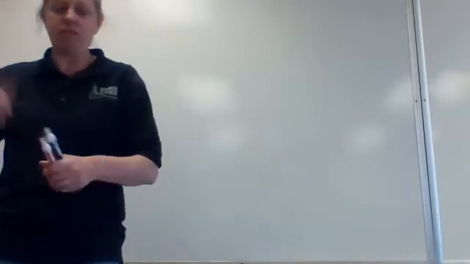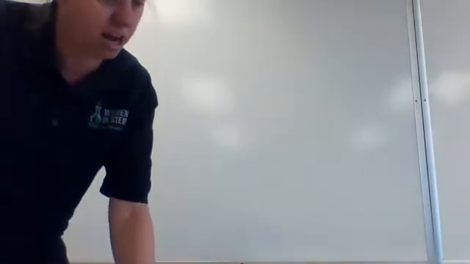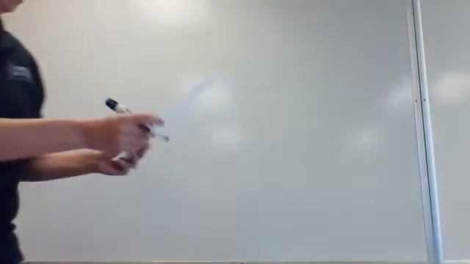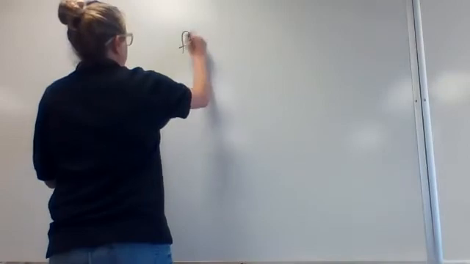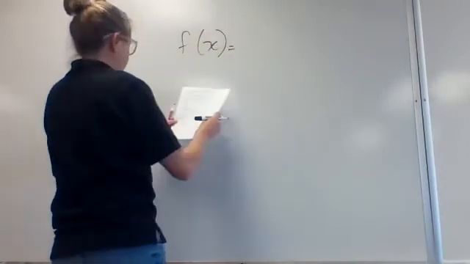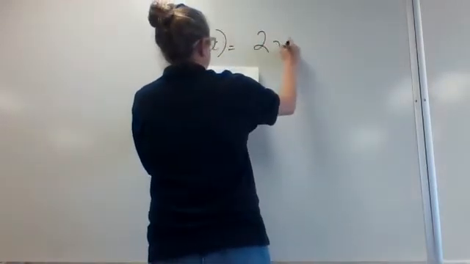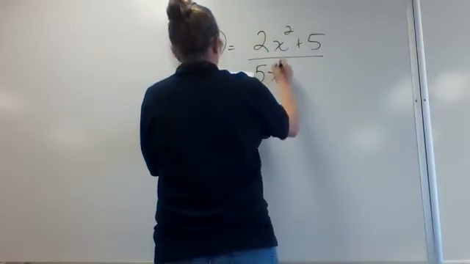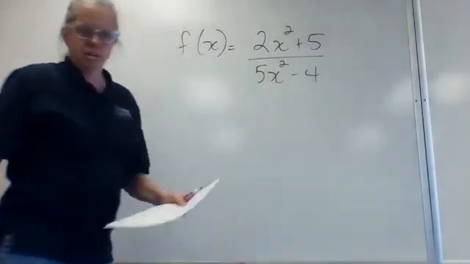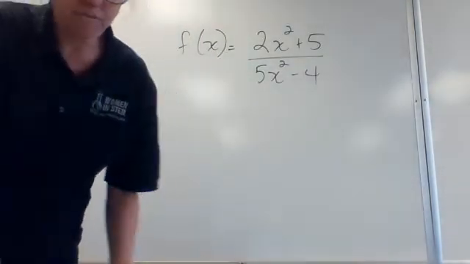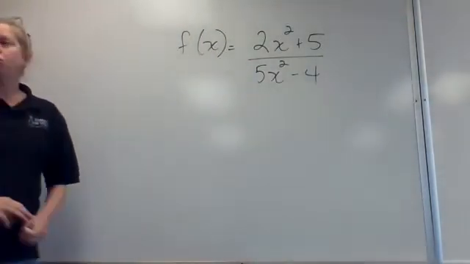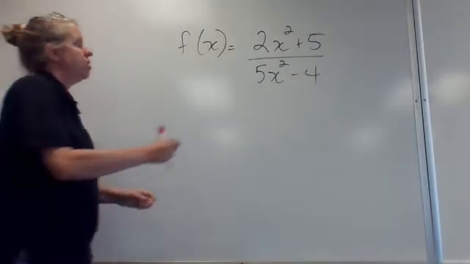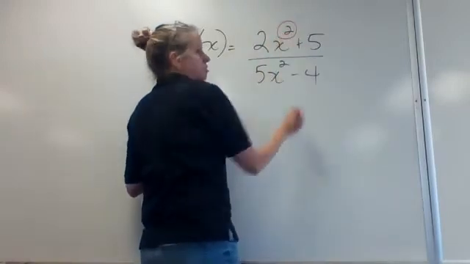So let's just look. It's going to give us one of each situation. Let's look at number 11, which is the first one of just horizontal asymptotes. Okay, so the first thing we want to do is see which category we go into, A, B, or C. Right, because what's the degree of the top? 2.